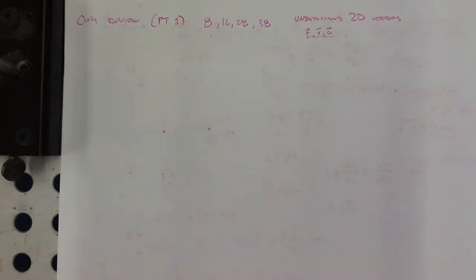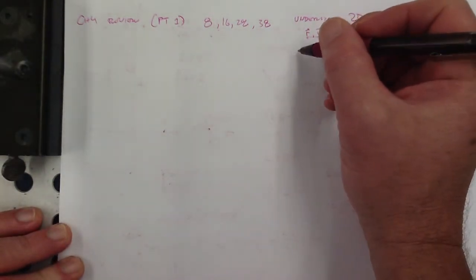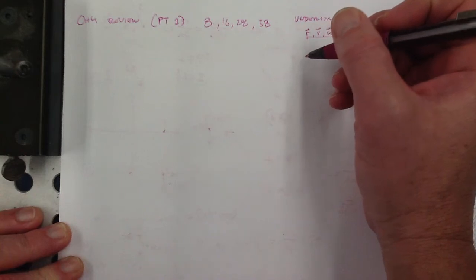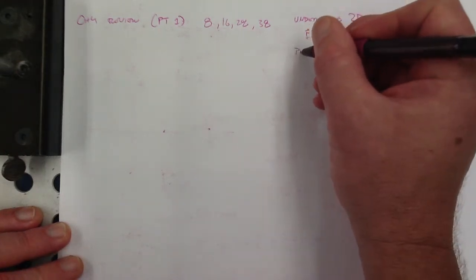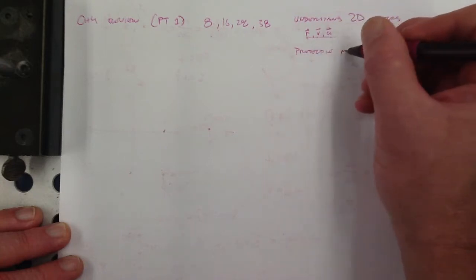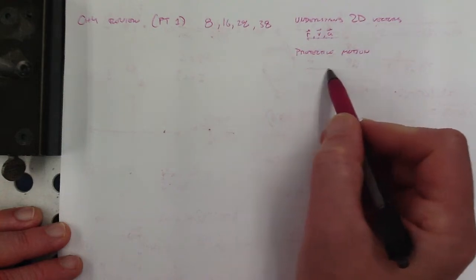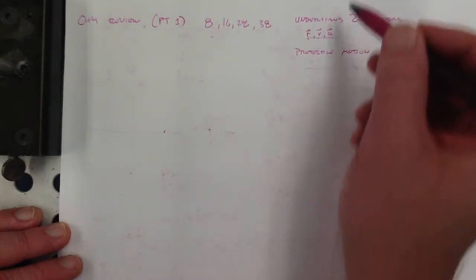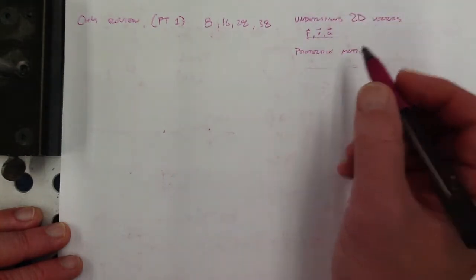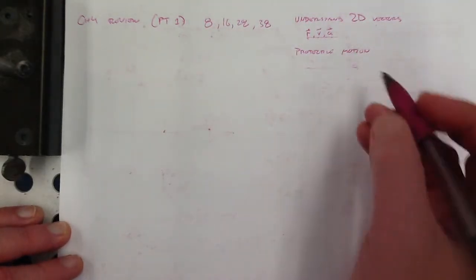That set the stage for us, and then in particular we were interested in two special kinds of two-dimensional motion. It was projectile motion, and of course, in projectile motion, the horizontal part is constant velocity and the vertical part is constant acceleration of 9.8 meters per second squared in the down direction.